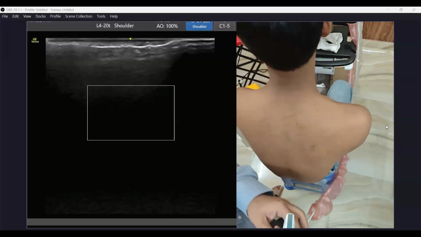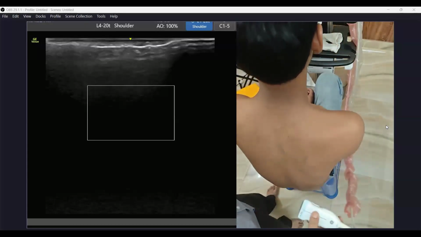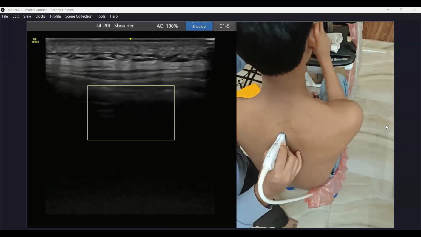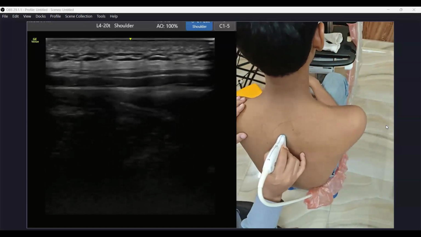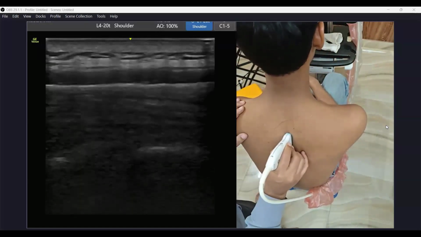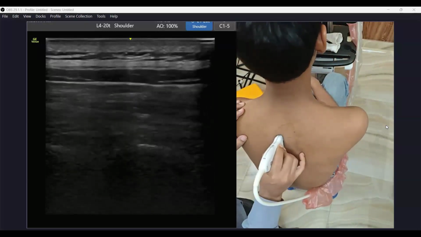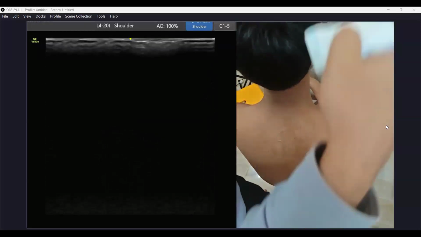I mean, your needle position will be interlaminar. Because it is just medial to the facet joint, the needle can go to an interlaminar position. So I think we have to see with that probe only. Just a minute, let me check.